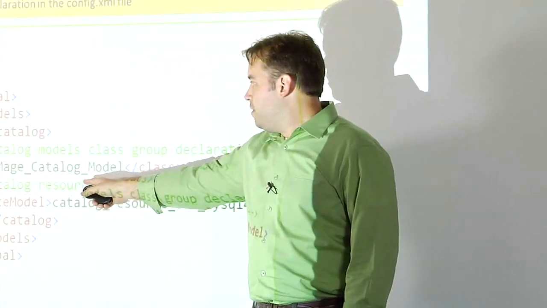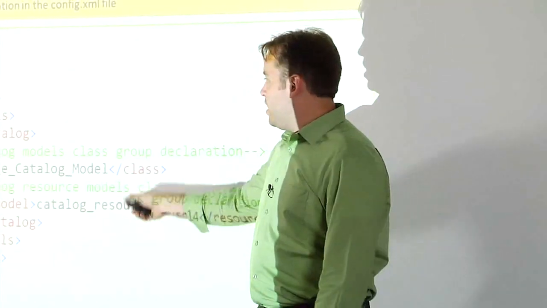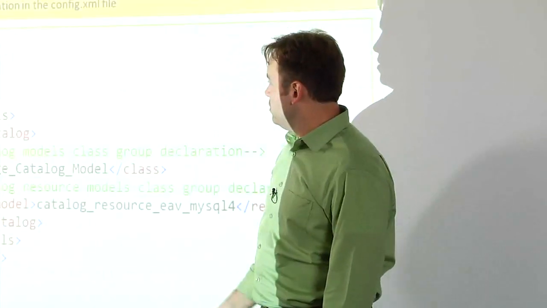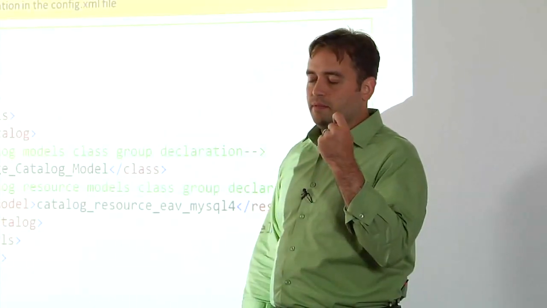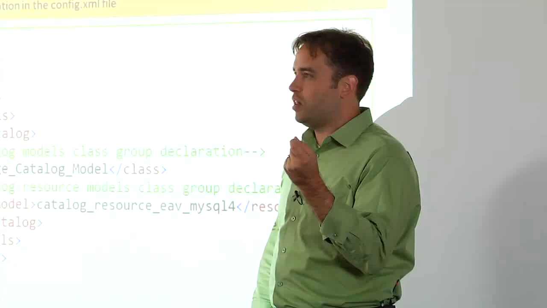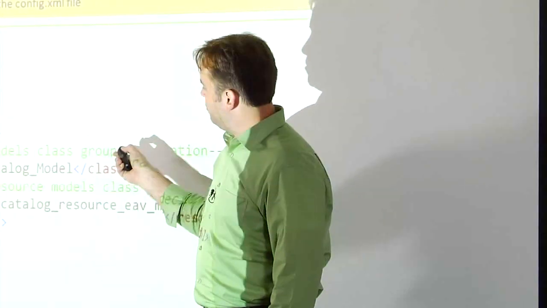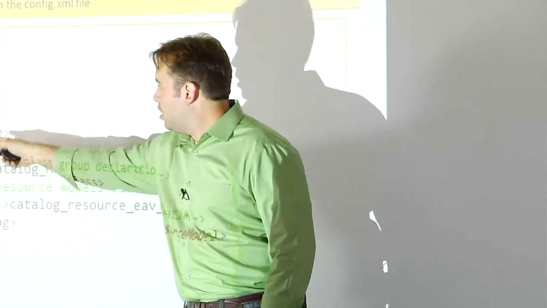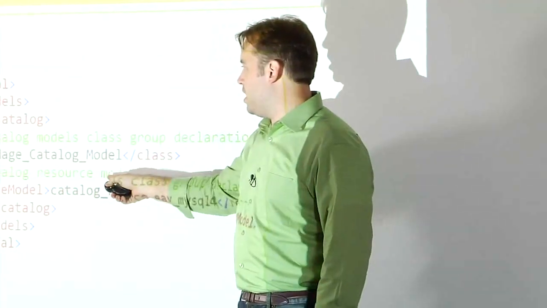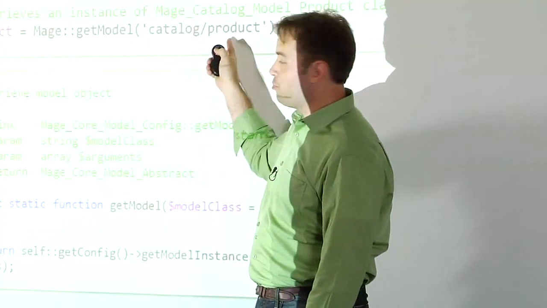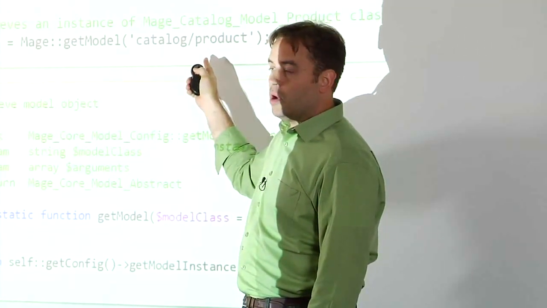So this becomes the first part of the class name. If I have product here, then the system is going to try and instantiate a class: it's going to match catalog under here and try and instantiate Mage_Catalog_Model_Product, with a capital P.